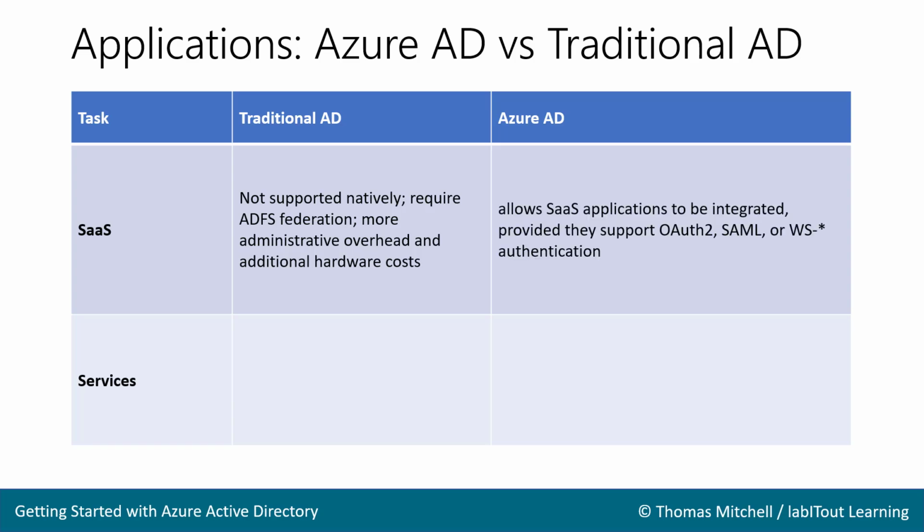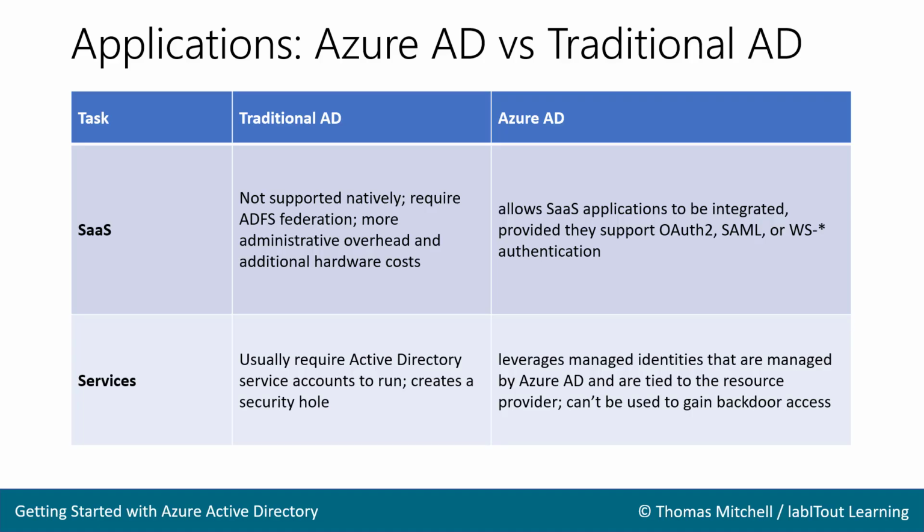Azure Active Directory allows software as a service applications to be integrated, provided they support OAuth 2, SAML, or WS-Federation authentication. Services that run on-prem will often use what are called Active Directory service accounts to run. This opens up a security hole since anyone with those credentials can get access that they don't need. Azure Active Directory instead leverages managed identities. These managed identities are managed by Azure AD and they're tied to the resource provider. They cannot be used to gain backdoor access like a traditional on-prem service account can.